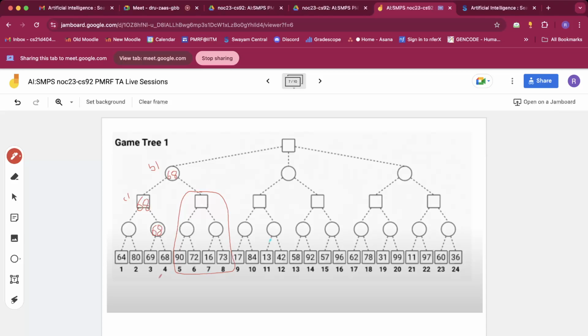When you solve it for this part alone, you will find the solution coming out to be 68. Remember, we will have a bound of 68, not infinity, in this case, because C1 has been solved with a value of 68, so when we recursively solve this subtree, it will have a bound of 68 and not infinity.